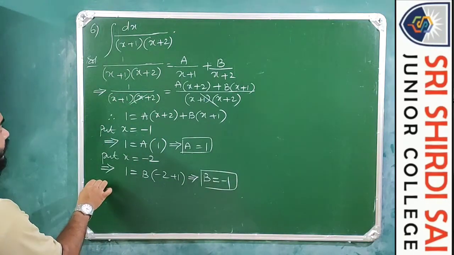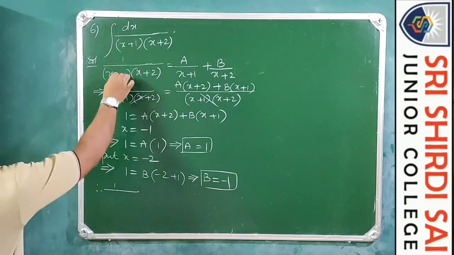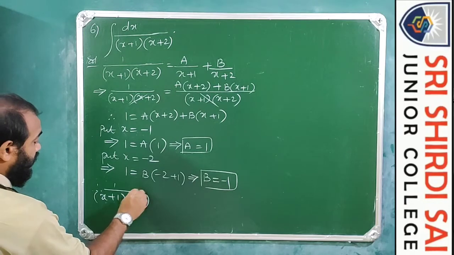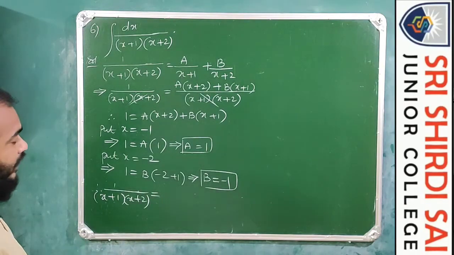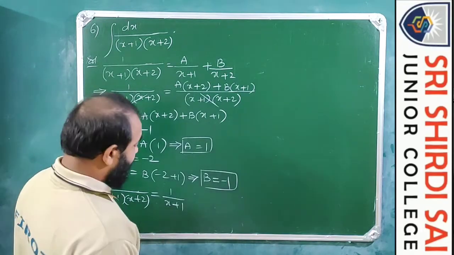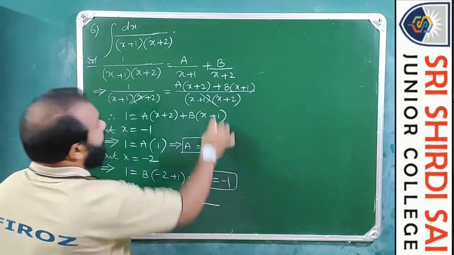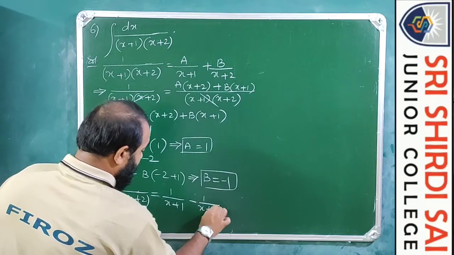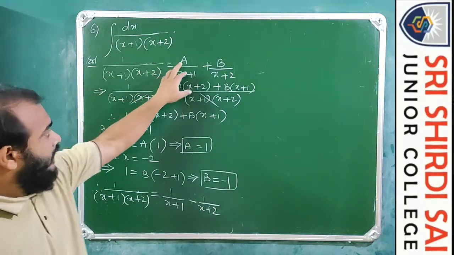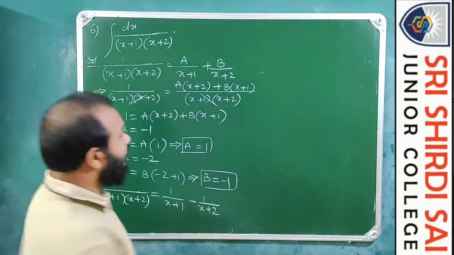Therefore, 1 by (x plus 1) into (x plus 2) is equal to, the value of a is 1 by x plus 1, plus b value is minus 1 by x plus 2. So we have obtained the values of a and b.